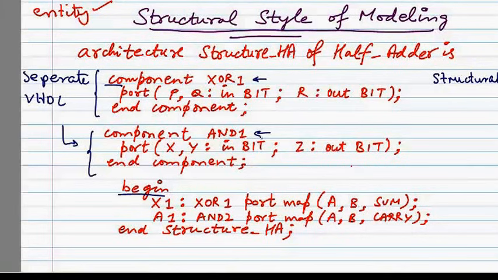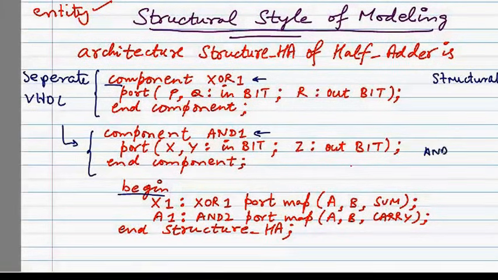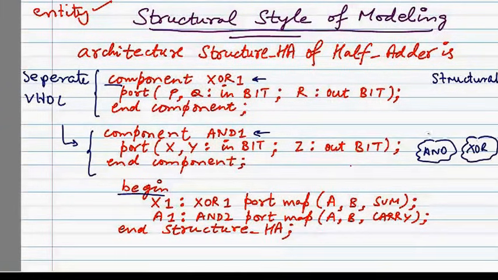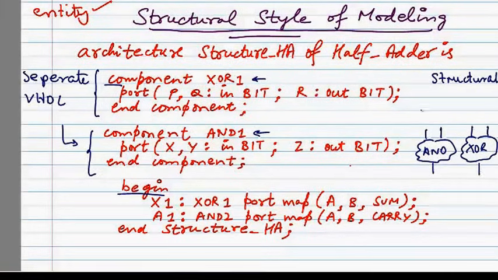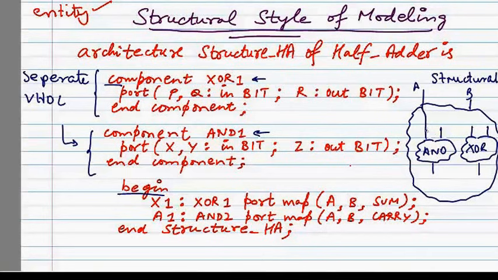an AND gate. So let's look at it from this perspective, that I have an AND gate design, I have an XOR gate design with 2 inputs and an output, and then I combine these AND gates and XOR gates as a part of a larger VHDL design, which then gives me A, B, I give A here, B here, I give A here, I give B here, and I take output, and then I would say that the XOR gate would be the sum and the AND gate would be the carry.